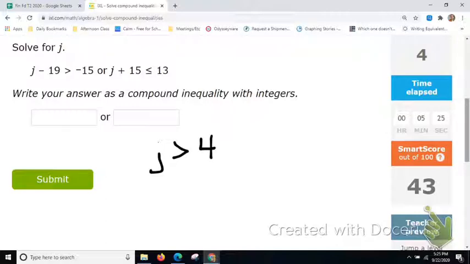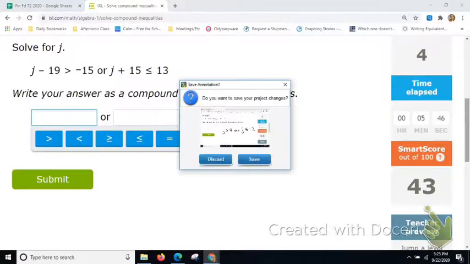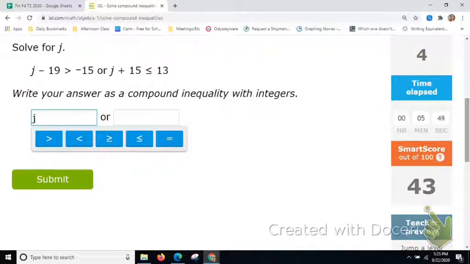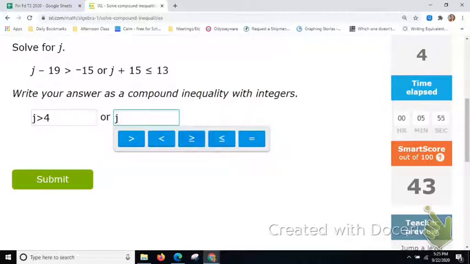Negative 15 plus 19 is 4. For the right side, I would subtract 15 on both sides. 13 minus 15 is negative 2. So j is greater than 4, or j is less than or equal to negative 2.